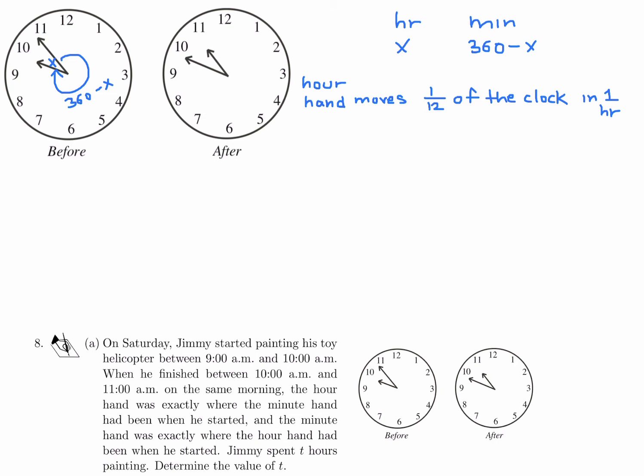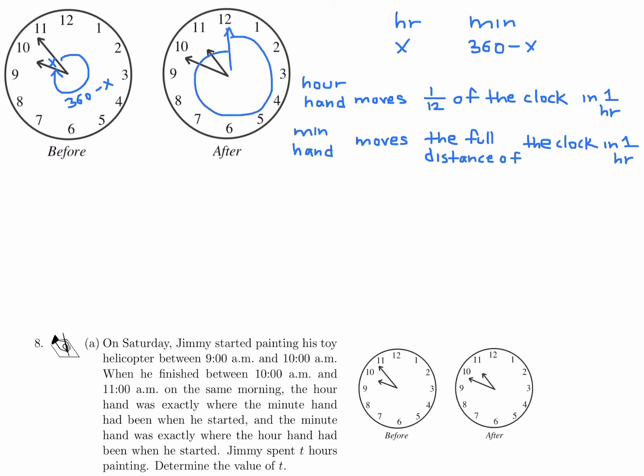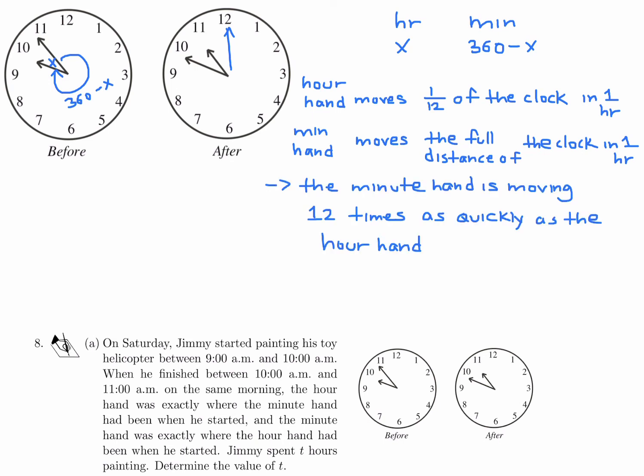But the minute hand in 1 hour moves the full distance of the clock, right? If you were here, the minute hand in 1 hour will go all the way around back to the same place. So that basically means if you compare the minute hand and the hour hand in 1 hour, the minute hand is moving 12 times as quickly as the hour hand.